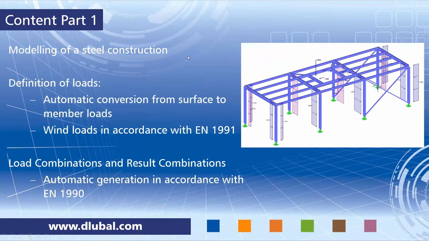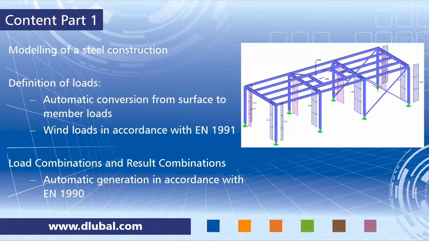So as I said already, we will model a steel construction today. On the right hand side you see the picture. This is our goal. This is the simple construction that we are going to design. We will define self-weight, imposed loads and wind loads, and therefore we will use load generators.